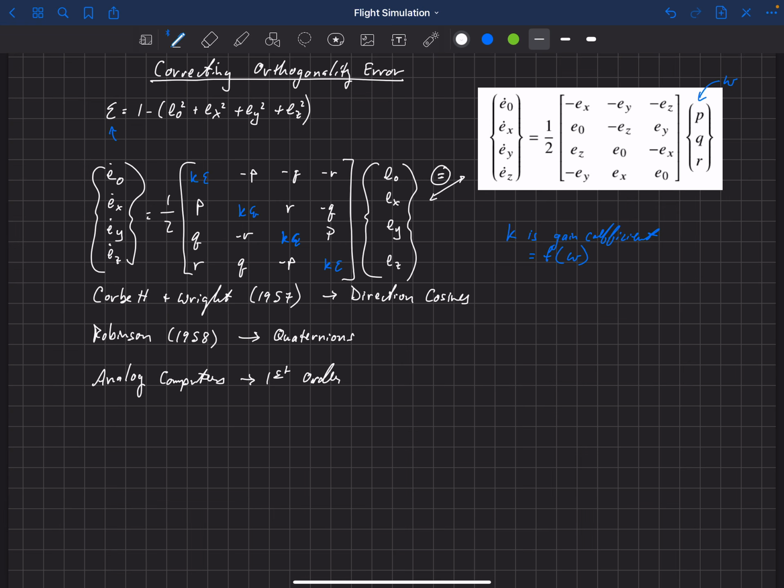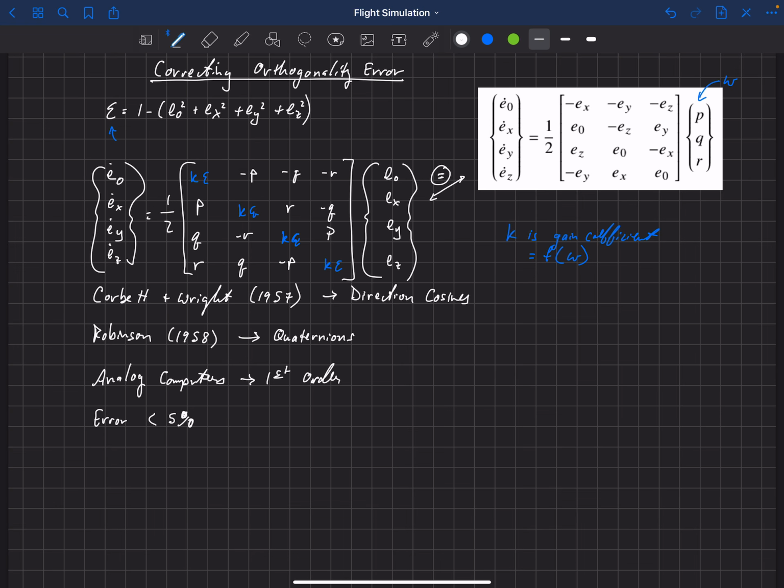When they applied this Corbett-Wright method for getting rid of this orthogonality error, it would keep the error around 5%. At least that's what Phillips, Haley, and Gebert show in their paper, that they could keep the error around 5% when using first order integration, which is very similar to the analog computers that were being run back in the 1950s.